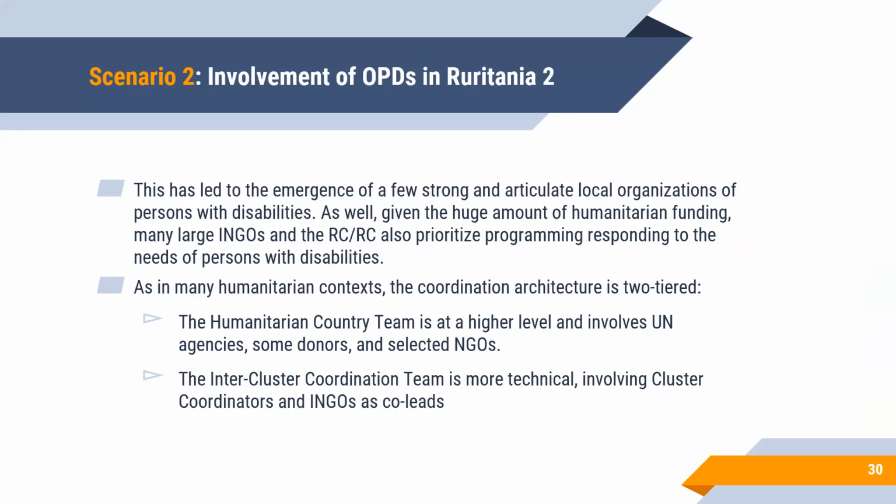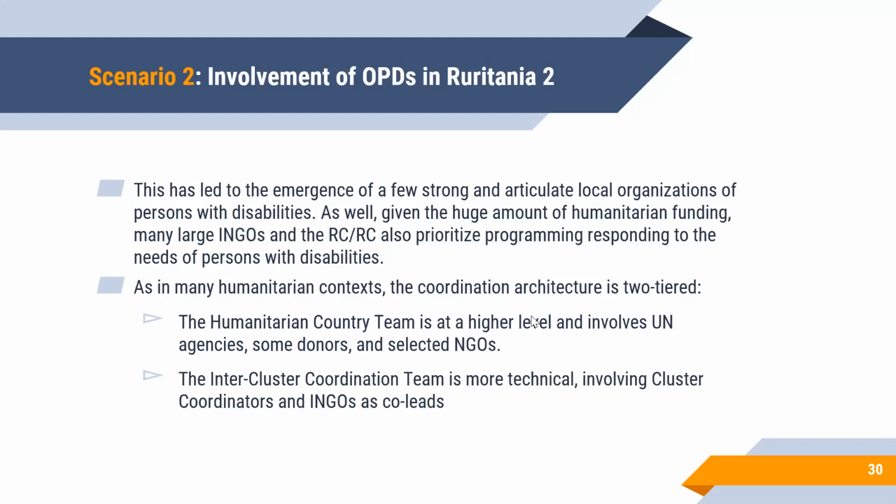We can think of contexts already where we have a similar situation, where there's a protracted crisis, a strong interest in the humanitarian community, in the international community, so availability of funding, and an interest in having a response to the needs of persons with disabilities.